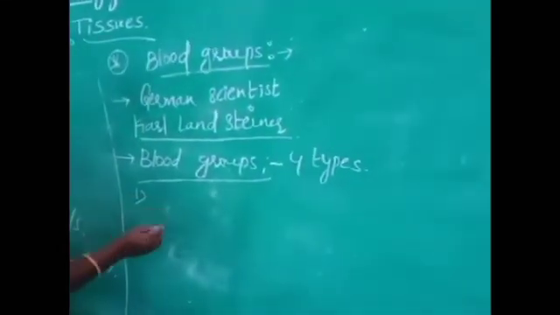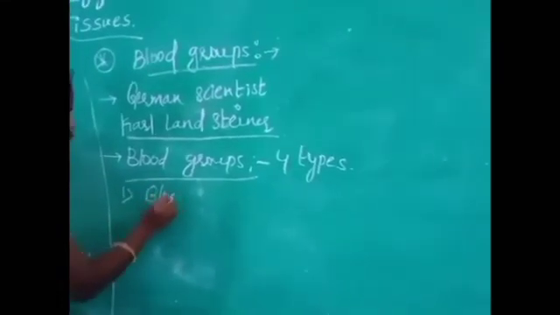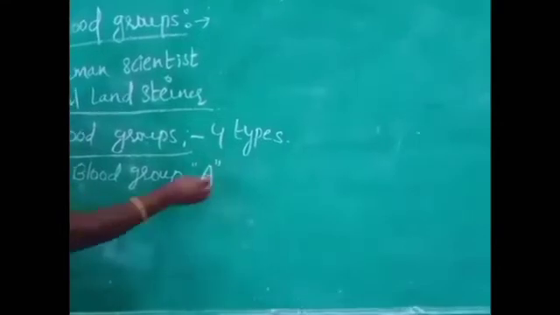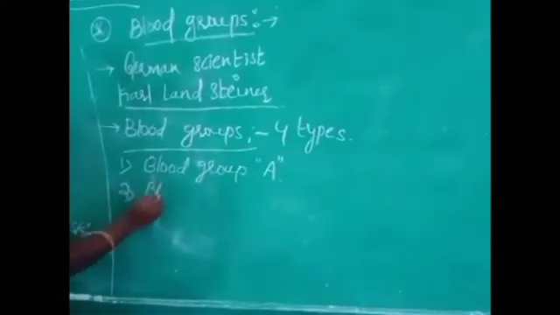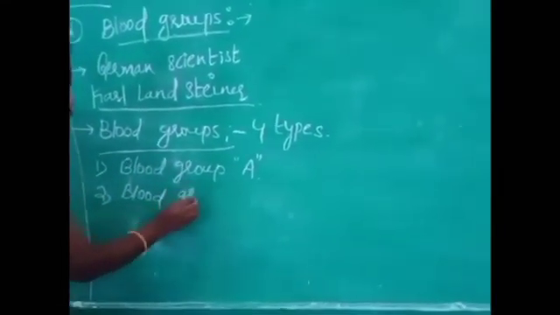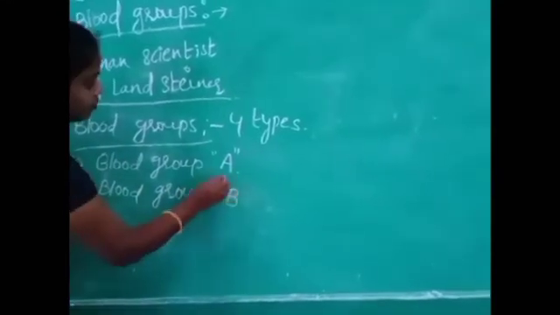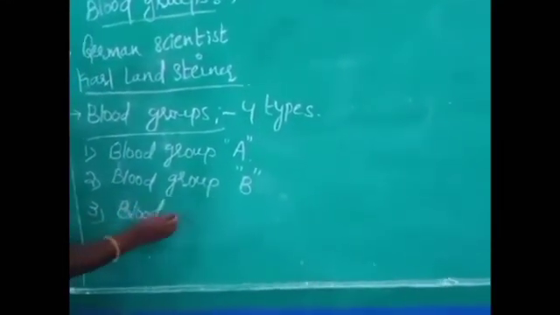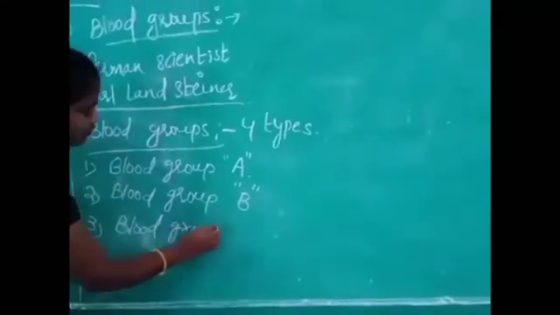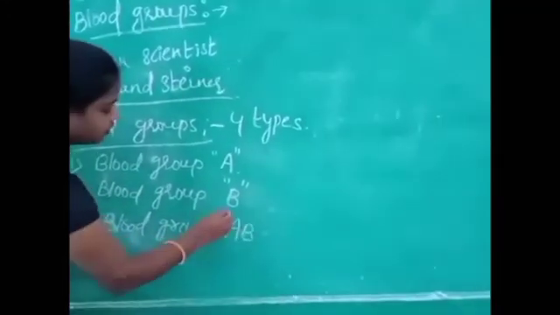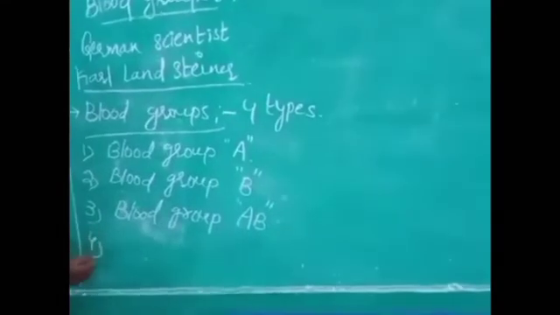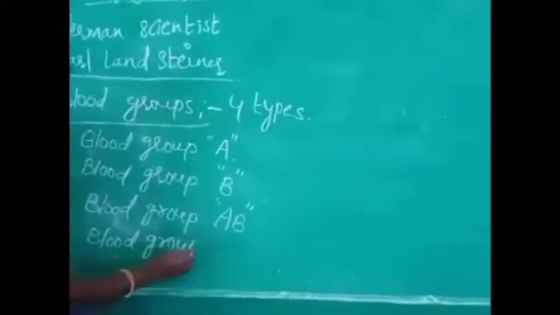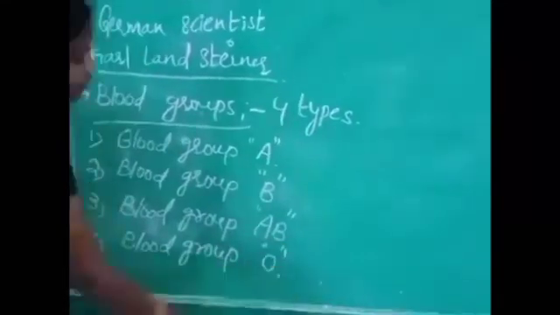First one, blood group A. Second one, blood group B. Third one, blood group AB, not C. Blood group AB. Next, blood group O. Okay, children.